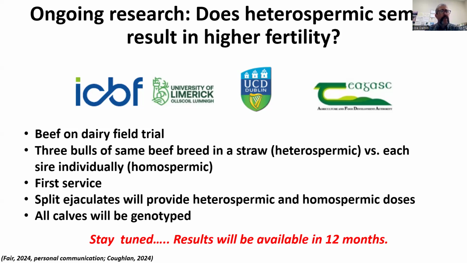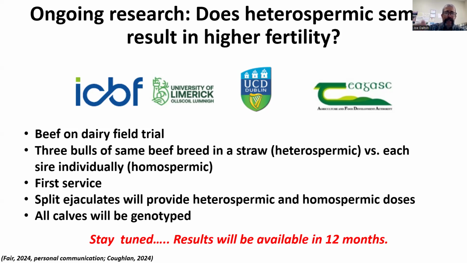These will all be used at first service, and they'll all be generated using that split ejaculate technique I talked about earlier, which will be able to provide both the heterospermic and the homospermic doses.